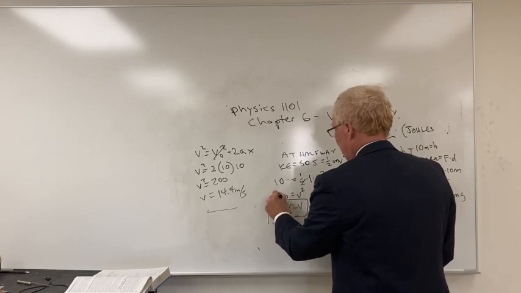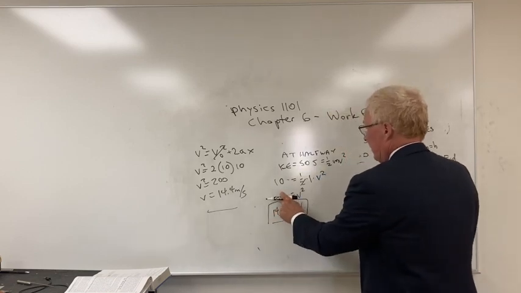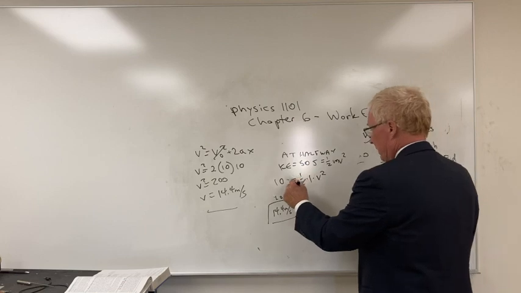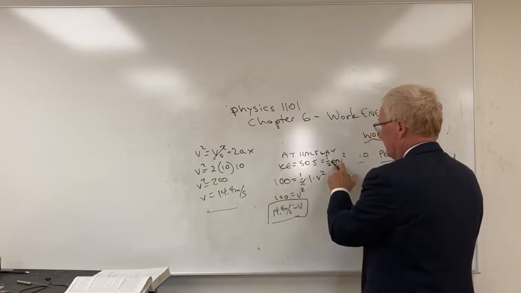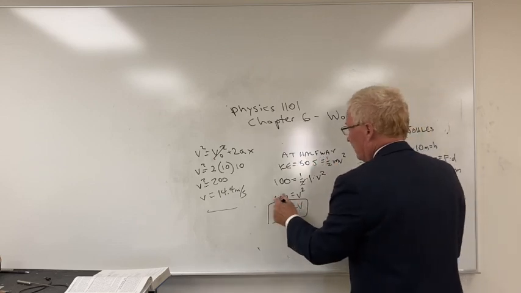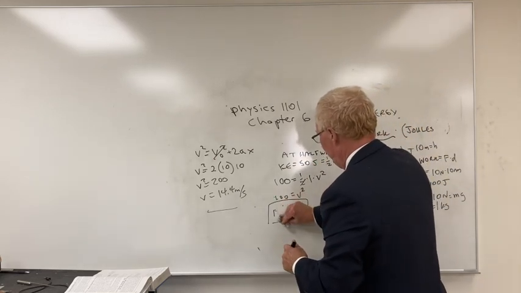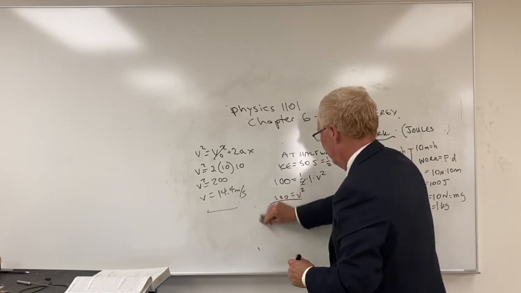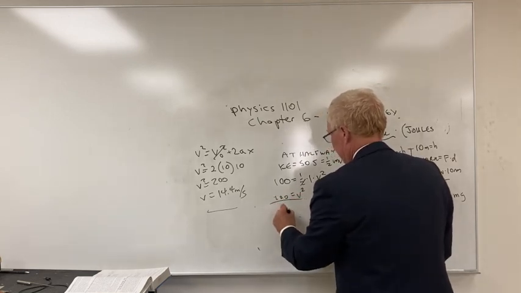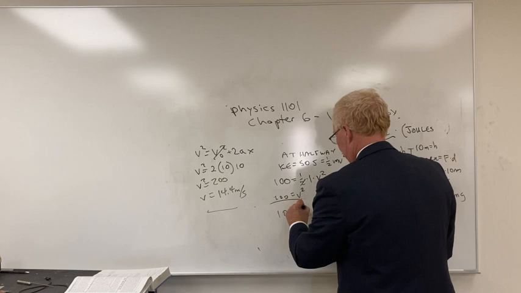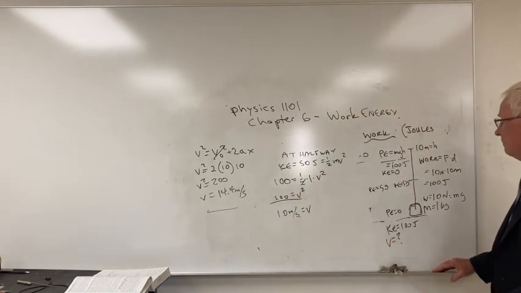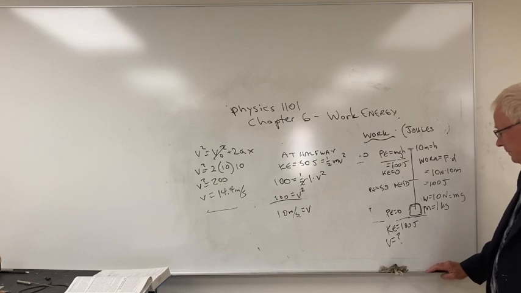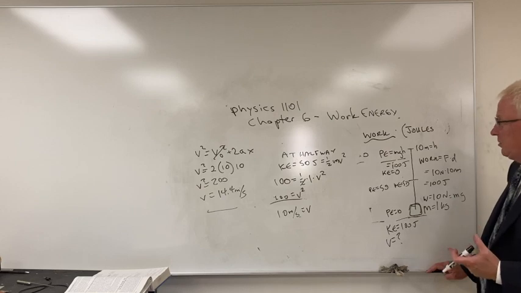Multiply both sides by 2, take the square root of that, and we end up with v being 10 meters per second. Halfway down, it's going 10 meters per second.